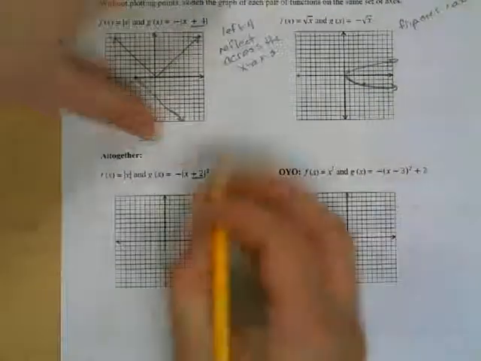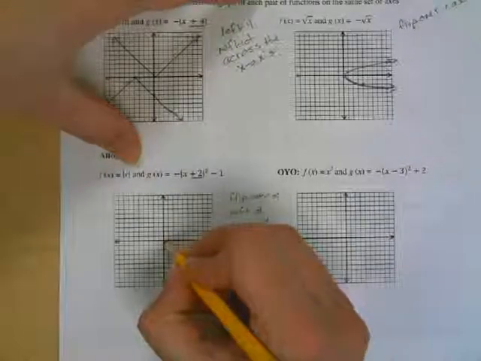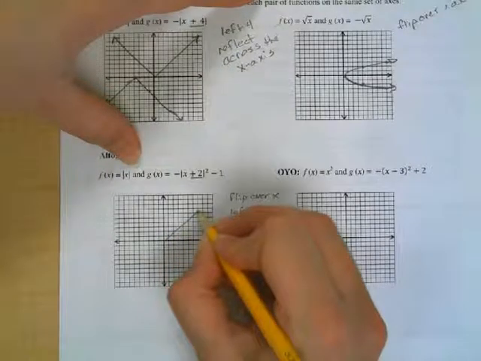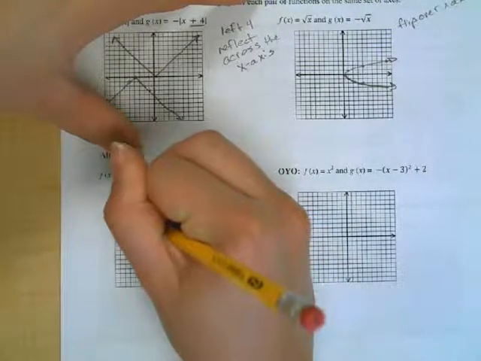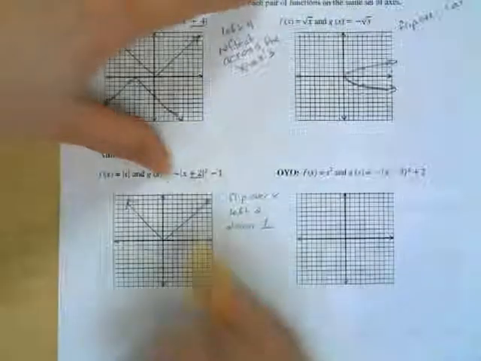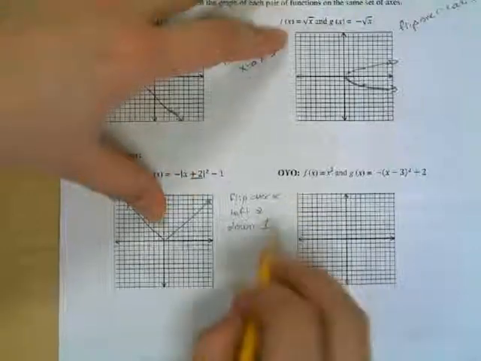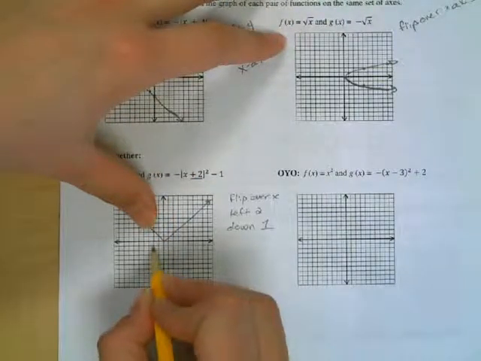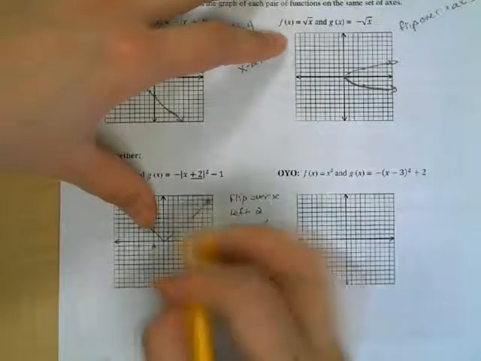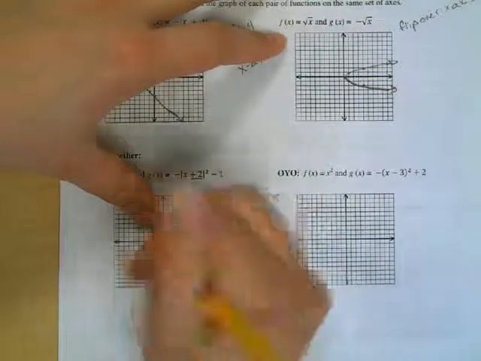So, start with the parent function again. Let's graph it. Okay, and then I'm going to go ahead and move my origin first. So left 2, down 1 is where I'm going to start. And then instead of going up on both of them, I'm going to go down on both of them.